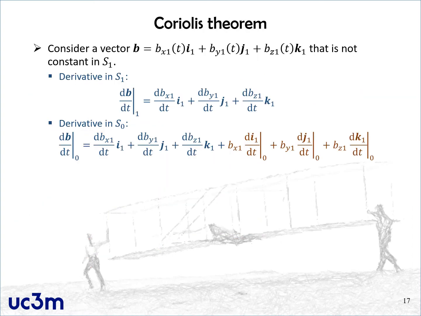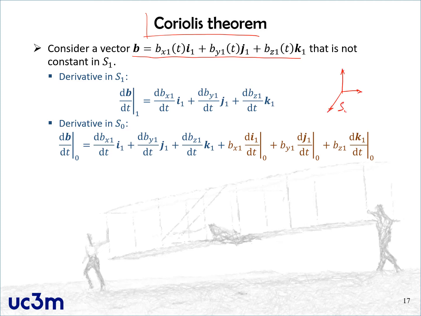All right, so let us take a look at the last topic of the day, which is the Coriolis theorem. Okay. Now imagine that we have a vector b, which now is not constant in a reference frame S1. Okay, so let us take a small drawing here.